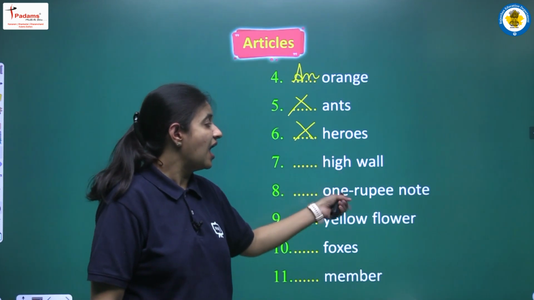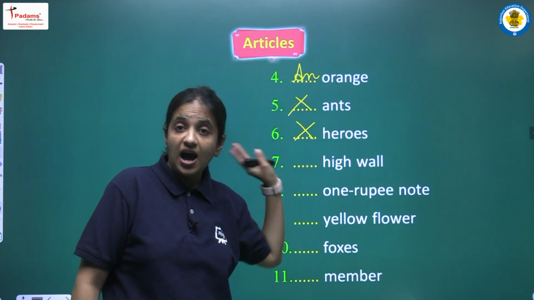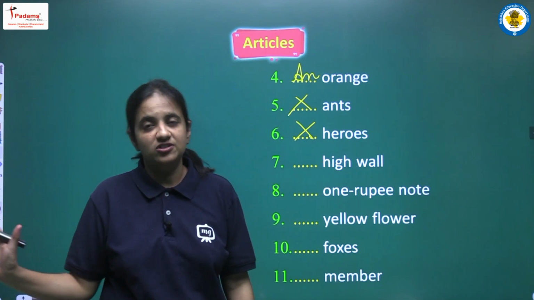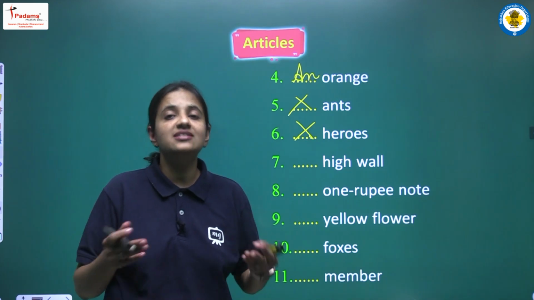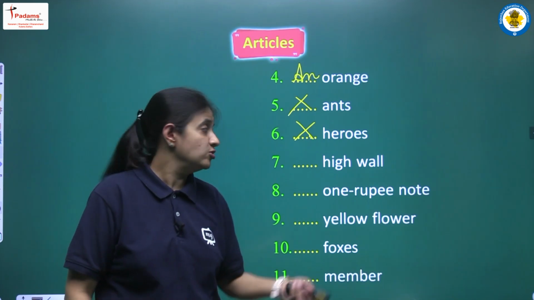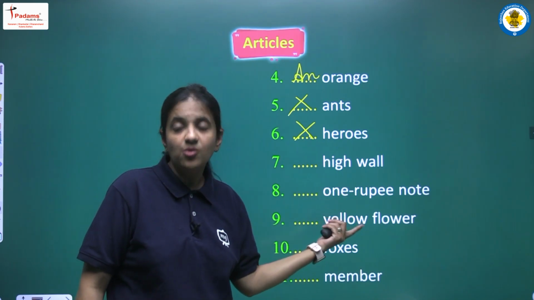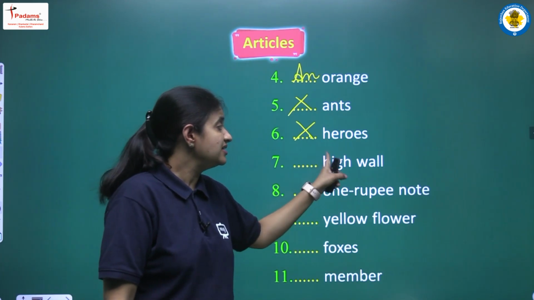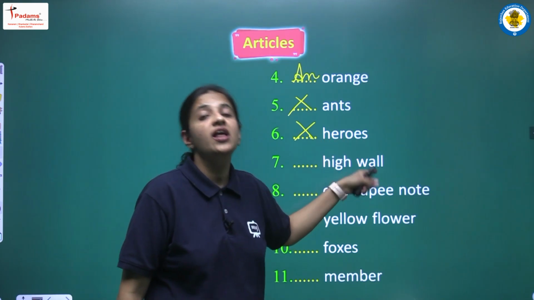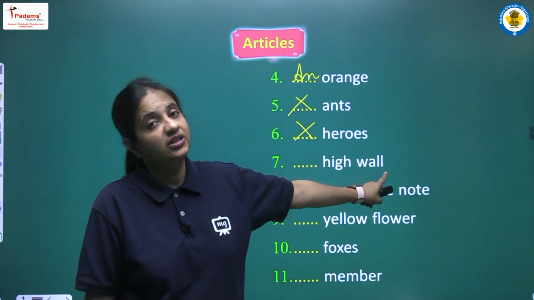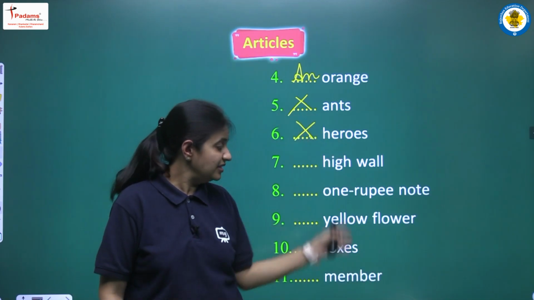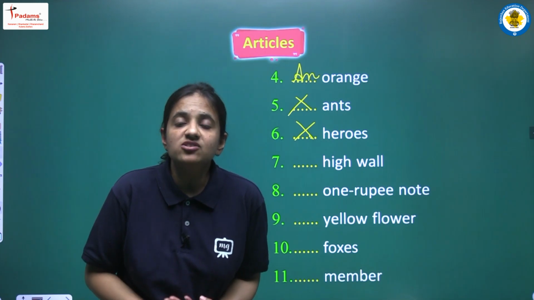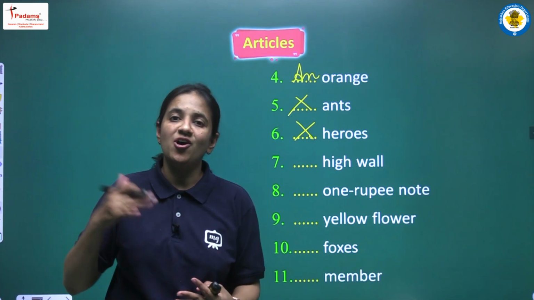Next we are having "high wall". So here students, we have discussed this thing earlier also, that a or an, or we can say articles, are used for nouns, but high is not a noun. High is a kind of adjective, but this adjective is used for wall, and yes, wall is a noun. Yes students, we are having this practice set to summarize, or we can say to revise, all the rules one more time that we have already discussed.